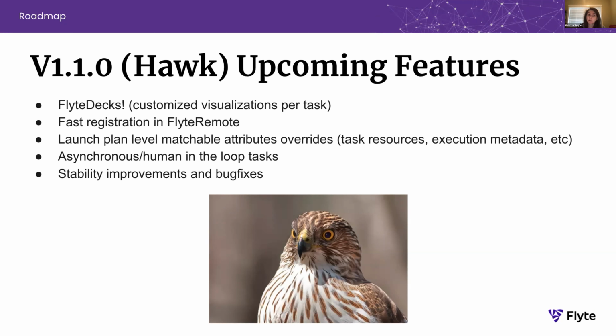Also have asynchronous / human in the loop tasks. So thanks Dan for adding support for that. That'll be really cool to see, and we're excited to see how people end up using that. And then, of course, as always, improvements, bug fixes, housekeeping items, and just focusing on stability of the core platform.